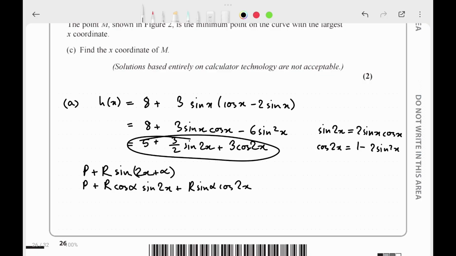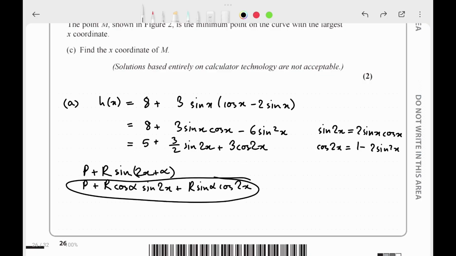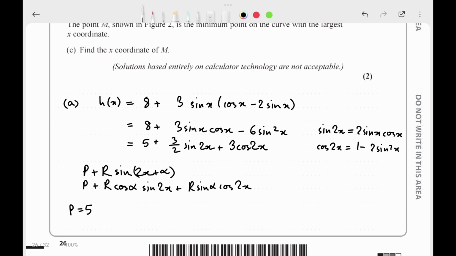So these two equations are the exact same, they're identical. So we can say that p is equal to 5, r cos alpha is equal to 3 by 2, r sine alpha is equal to 3.